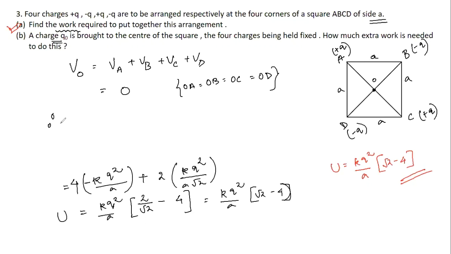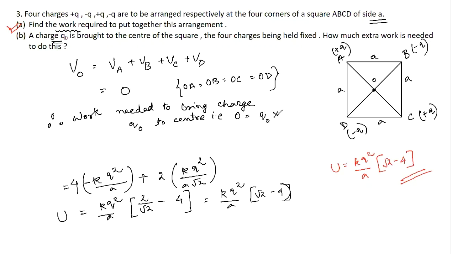So when you find out the extra work needed to bring charge Q naught to the center, that is at O, our work done expression is nothing but Q naught multiplied by the potential at point O, right?